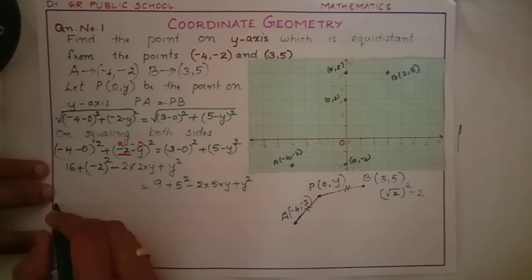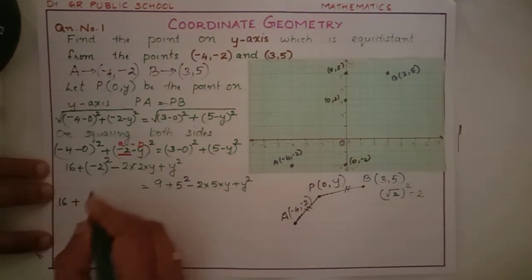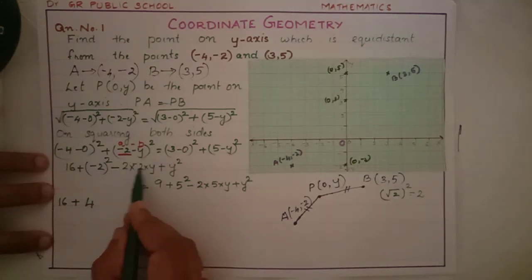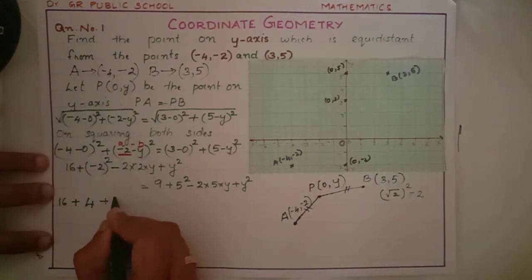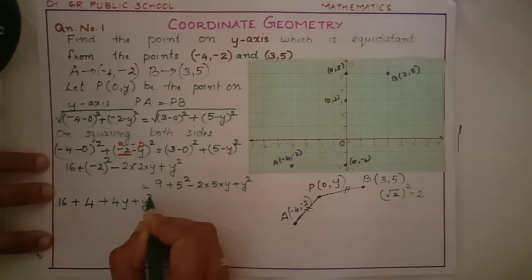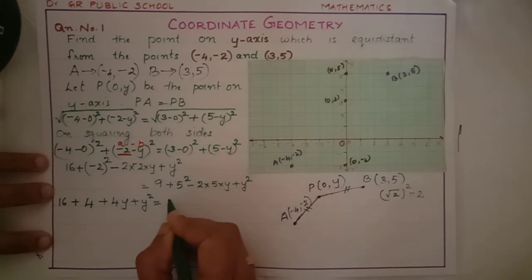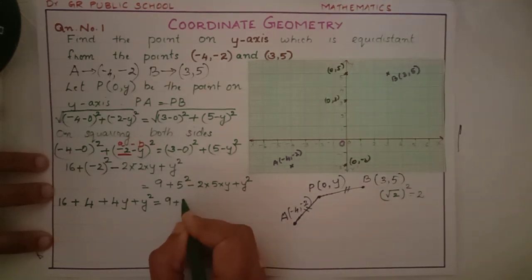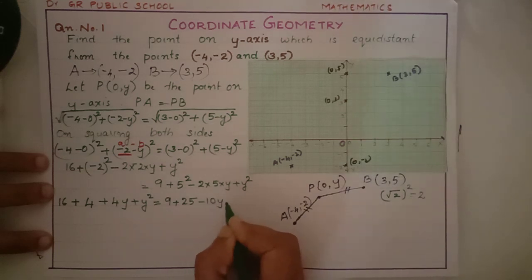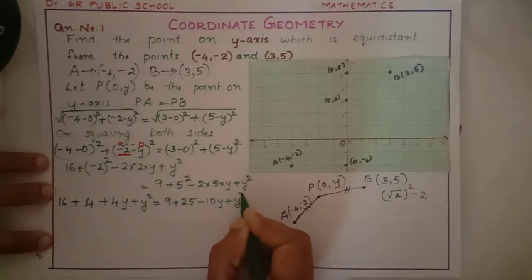Now again simplification. 16 plus (-2) squared, which is 4, then -2 into -2 is plus 4y, plus y square, equal to 9 plus 25 minus 10y plus y square.